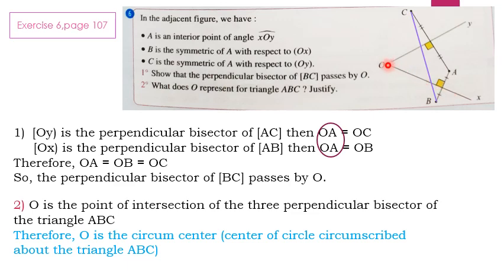They intersect at point O, and we proved that the perpendicular bisector of BC passes through O. Then O is the point of intersection of the three perpendicular bisectors. So O is the center of the circle circumscribed about triangle ABC. Circumscribed means that the circle should pass through A, B, and C.